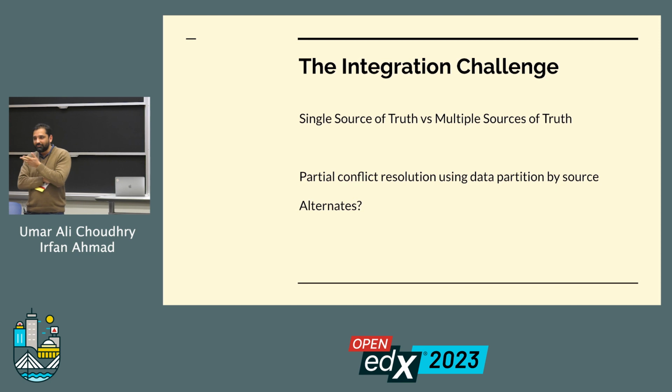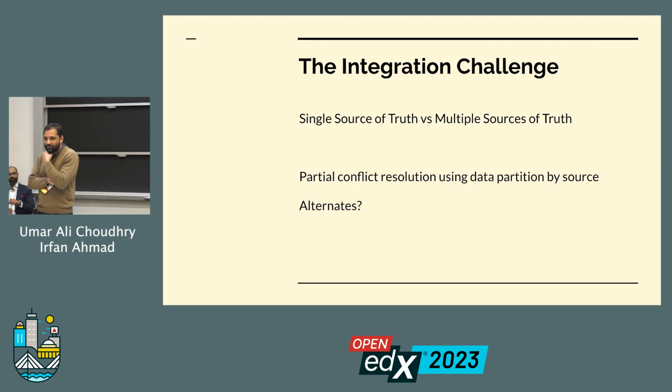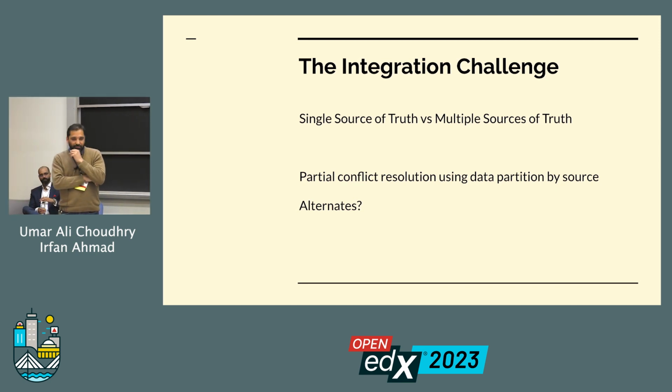But how do you implement a single source of truth? So imagine the scenario: you have an Open edX environment, and then there is the GetSmarter or some other environment. Both are being managed in separate organizations and have their associated supporting processes and so on.